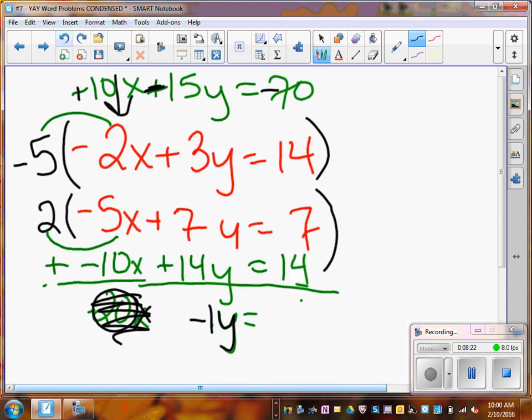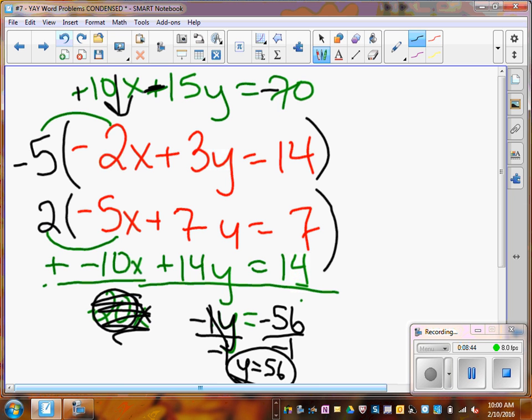And 70 minus 14 would be 56, negative 56. So then now I could solve for y. I would get that y is 56. So here I get an actual number, whereas before I'm left with an x and a y. I'm nowhere closer to my answer. So I want my numbers to be the same, but the signs to be opposite.